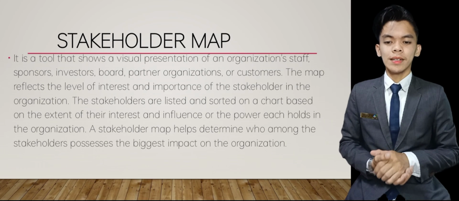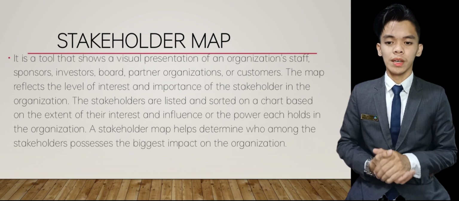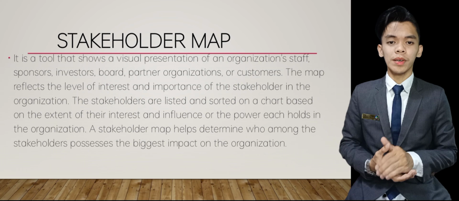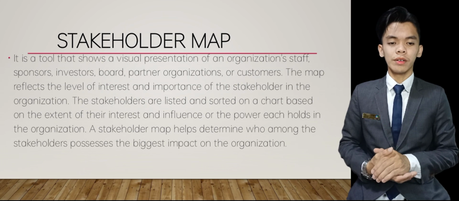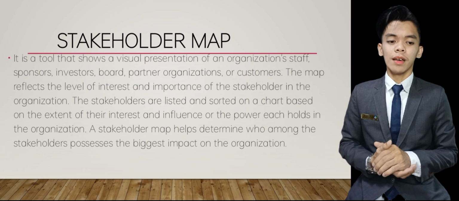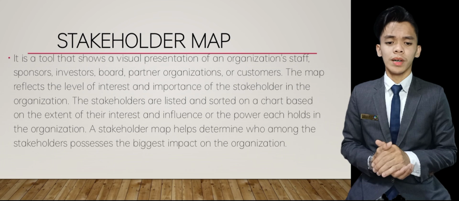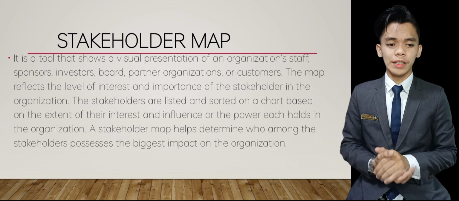Number 19. Stakeholder map. It is a tool that shows a visual presentation of organizations, staff, sponsors, investors, board, partner organizations, or customers. The map reflects the level of interest and importance of the stakeholder in the organization.